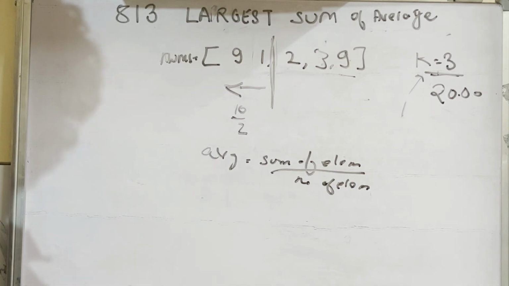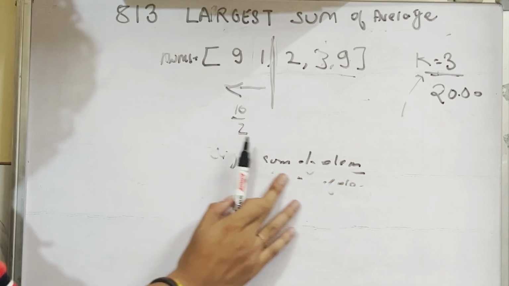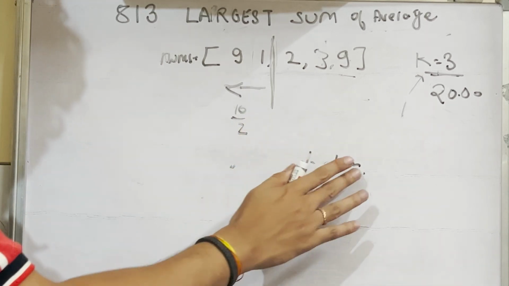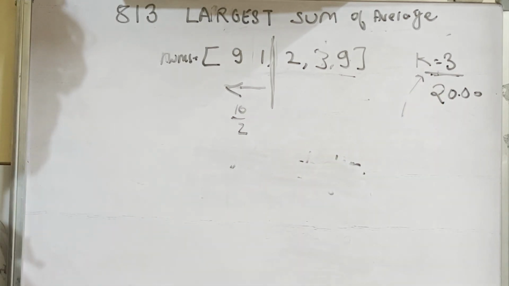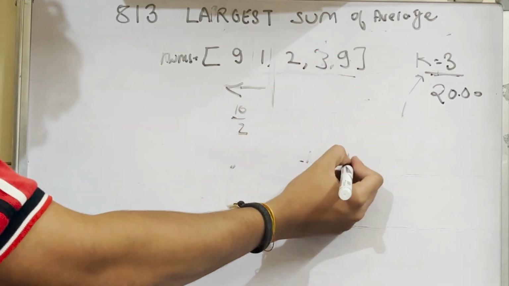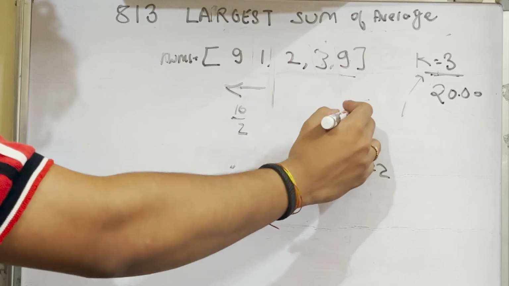Okay, so this should be your average, and you should have that in your mind. You should also have k, which is the number of cuts that you are making. Okay, and if you divide from here, then your k will be 2. Then you can cut from anywhere.